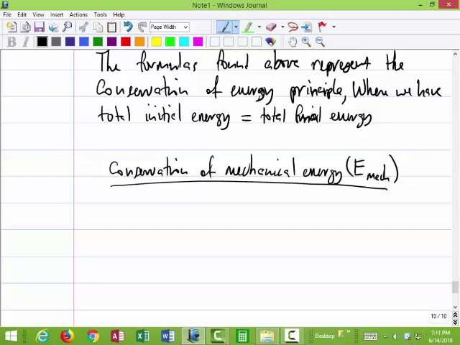We can say that the total mechanical energy of a system is just the sum of the kinetic and potential energies. I already mentioned earlier that all forms of energy can be boiled down to total energy being kinetic energy plus potential energy. So when we talk of mechanical energy, we are referring to the sum of kinetic energy and potential energy.